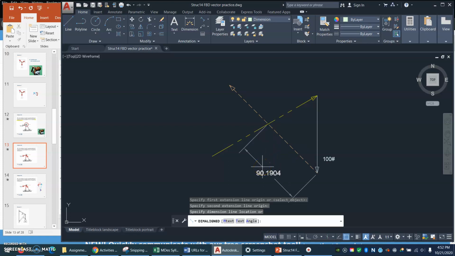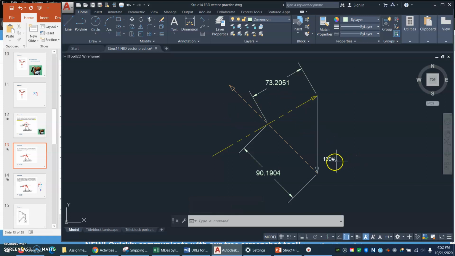So in this practice example, that 145-degree force is 90.19 pounds. And I'll get another aligned dimension, and the magnitude of that 30-degree force is 73.205 pounds.